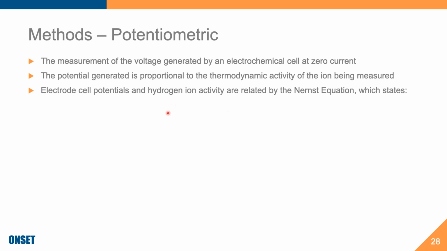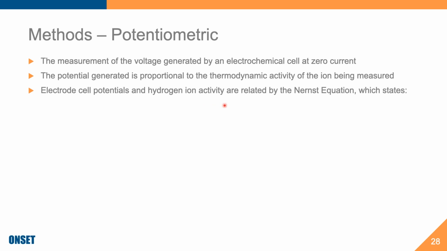Okay, so potentiometry uses the measurement of the voltage that's generated by an electrochemical cell at zero current. So the potential that's generated is usually proportional to the thermodynamic activity of the ion that's being measured. In our case for pH, this is hydrogen. And electrode cell potentials and the hydrogen ion activity are then related using the Nernst equation.